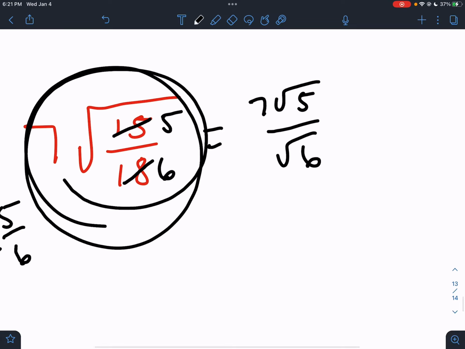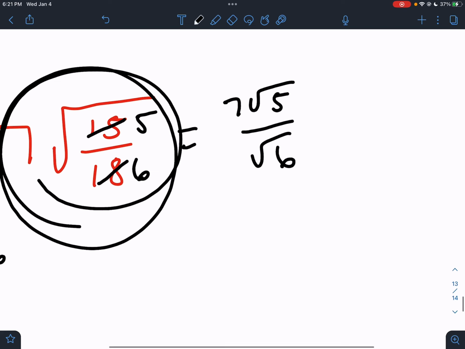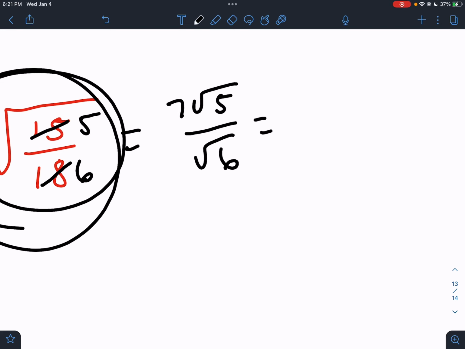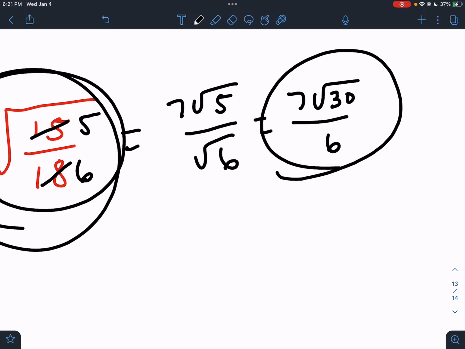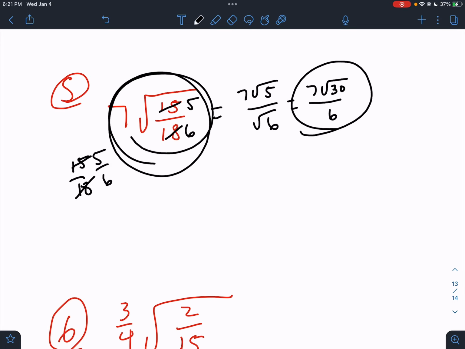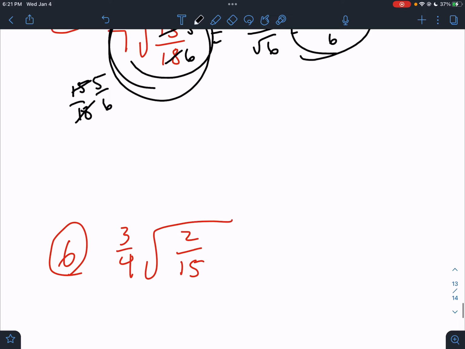If you have a fraction inside of a radical like that, you can break it apart into 2 separate radicals. And then it's times 7, so I put a 7 in front. I swing the root 6 to the top, giving me root 30, and it cancels out on bottom. So I reduce, then it's called rationalizing the denominator.